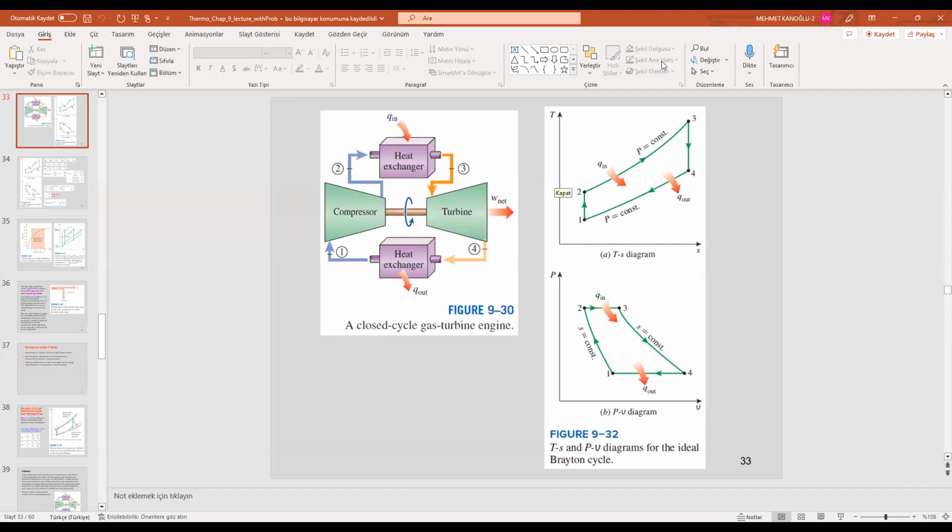So let's go through the thermodynamic analysis of this gas turbine engine cycle, the Brayton cycle. As you can see from here, process 1-2 is isentropic compression.